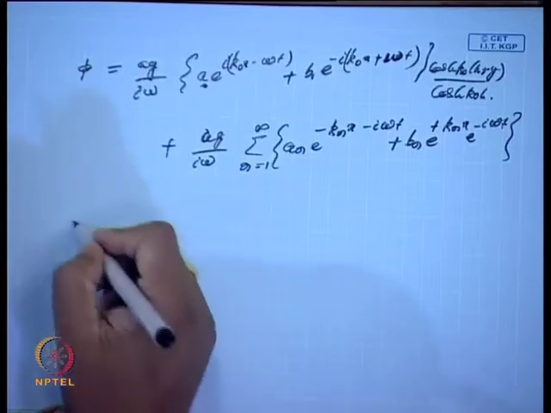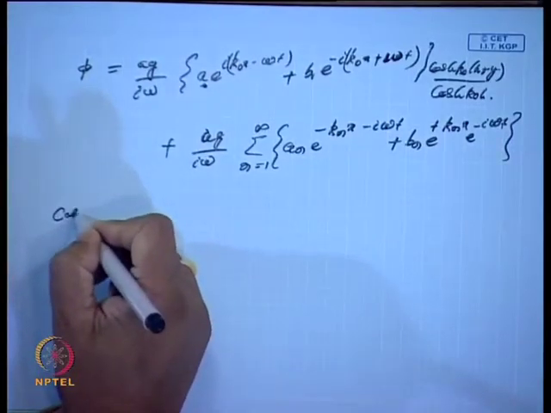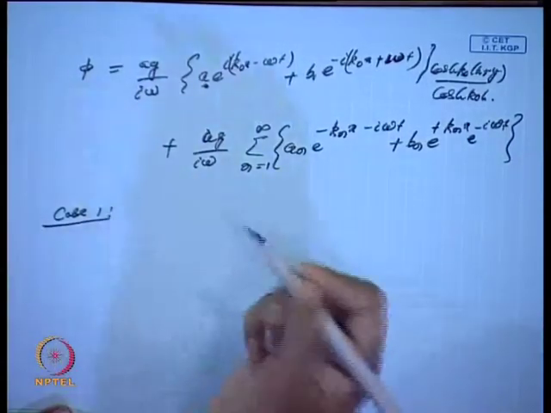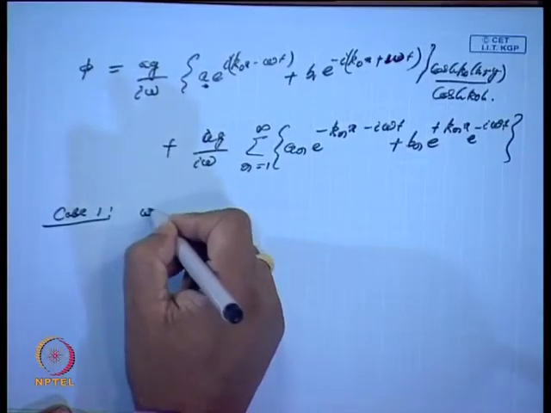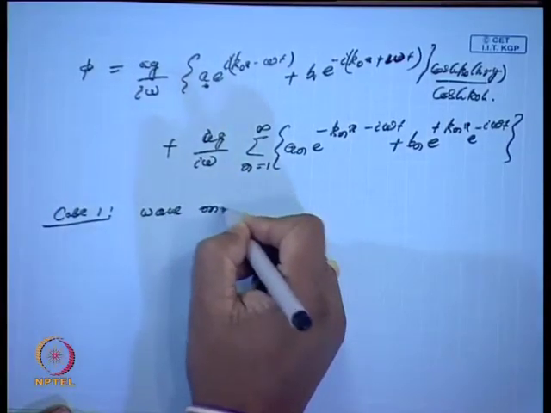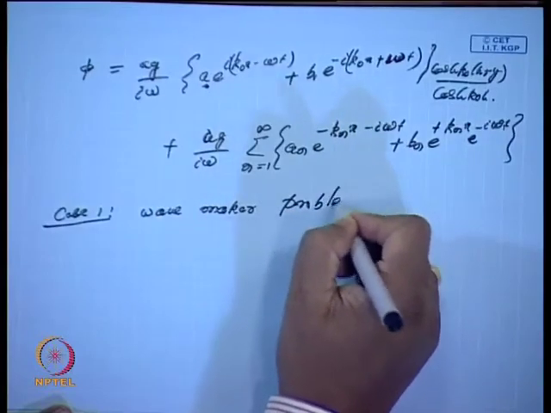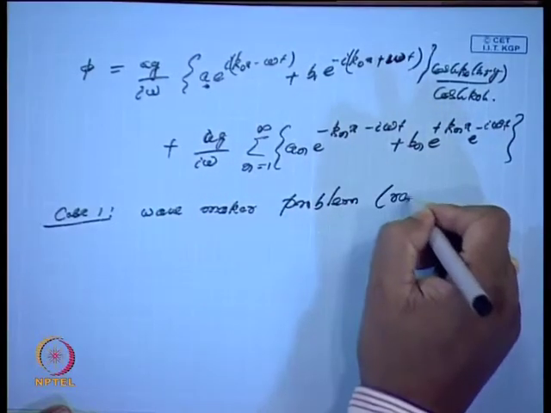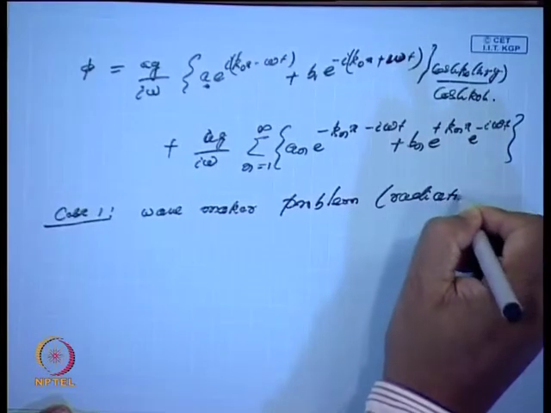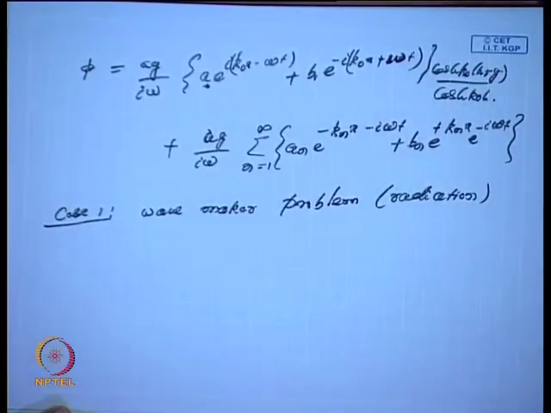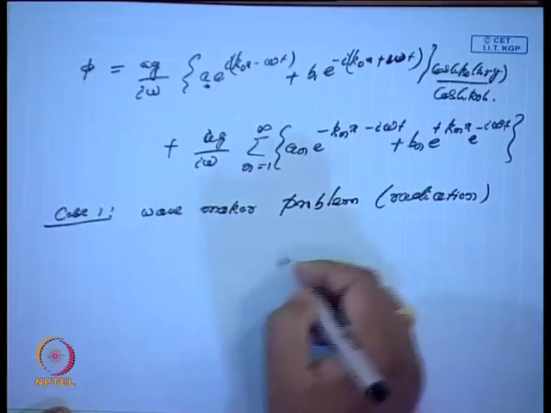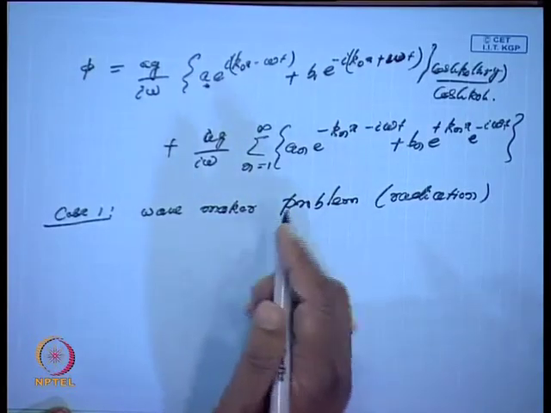If I am looking at case 1, a wavemaker problem, basically a radiation problem, what will happen? I will have only outgoing waves.